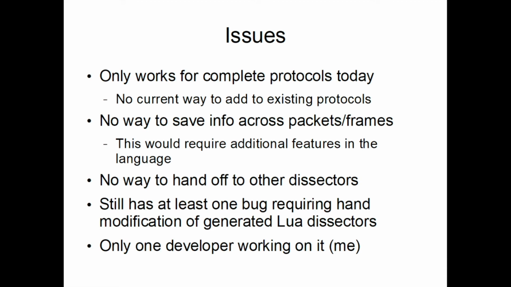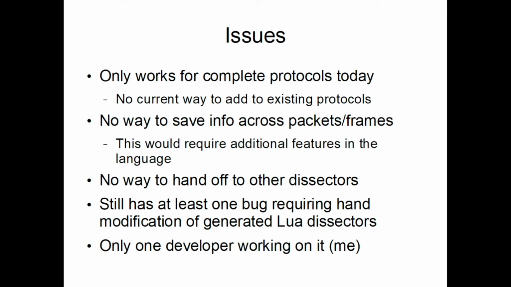So, for example, if you wanted to add stuff to 802.11 because the Wi-Fi Alliance and the 802.11 people have added another 1,000 pages to the spec, and you want to go and add it, you can't use this approach because I haven't got any features in there for doing that sort of thing.